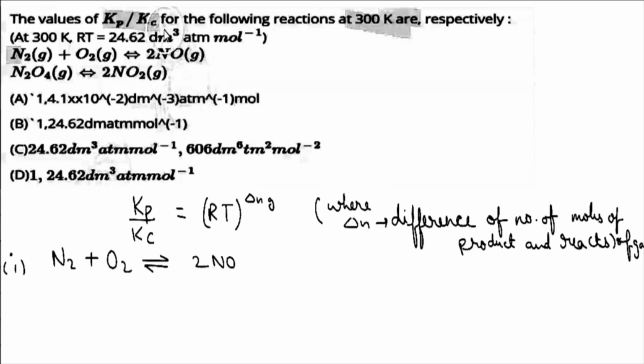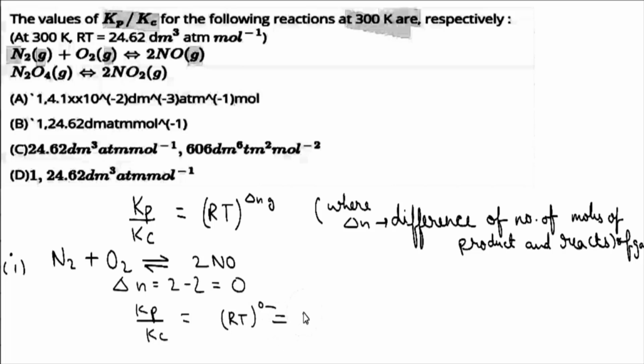Since we know that NO is also gas, O2 is also gas, and N2 is also gas, the value of delta n for this reaction will be 2 minus 2, that is 0. So Kp by Kc for this reaction is equal to RT to the power 0, which is equal to 1.